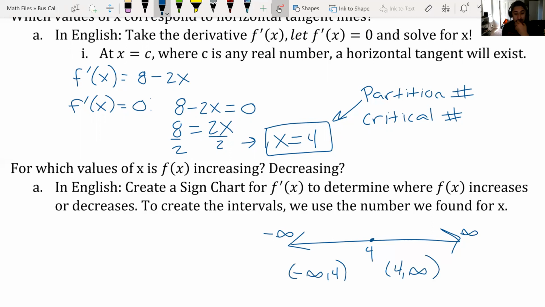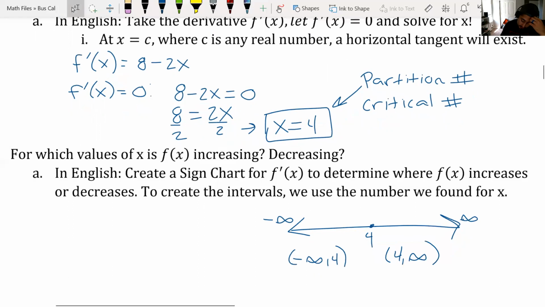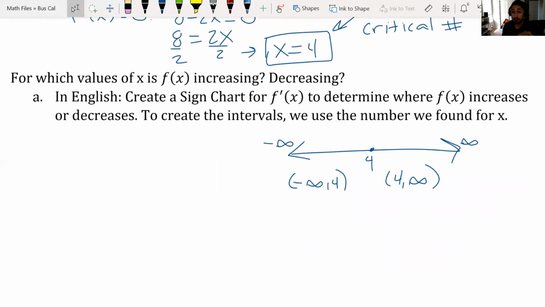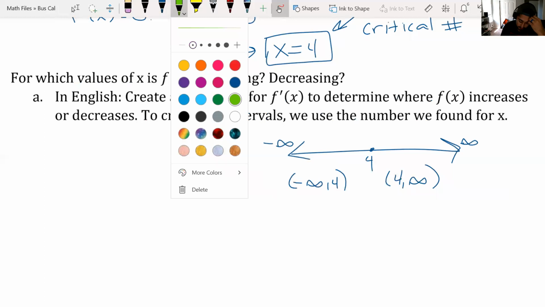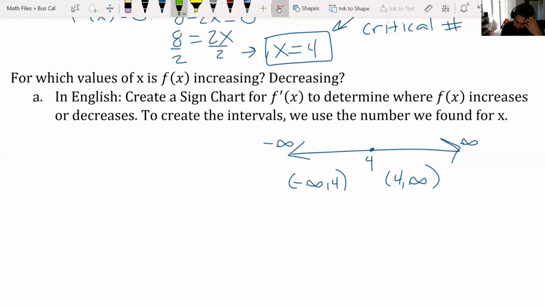Okay. So this is a sign chart for the first derivative to tell us where the original function will increase or decrease. So now, what we do is we pick test numbers in between each interval. Now pick test numbers.